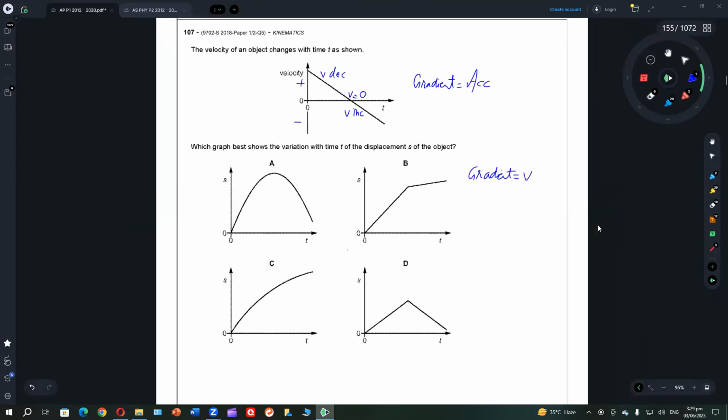So this is another good example of tricky sketches, tricky questions, that now you have velocity decreasing. This is the first sketch.